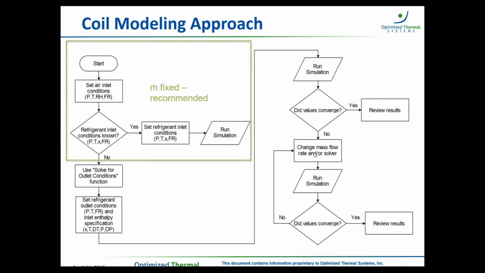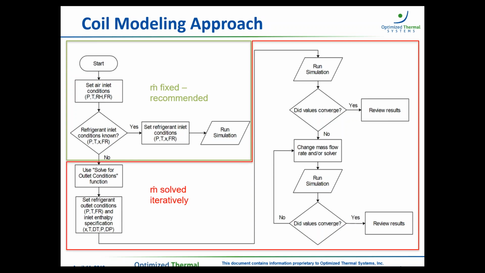Now, when we're talking about model validation, we really strongly recommend that we follow this first technique, where we have a fixed refrigerant inlet condition specified before any model tuning is applied. And this is really important because when we have a mass flow rate defined, we're able to tune the heat transfer and pressure drop parameters of the heat exchanger with a fixed mass flow rate.